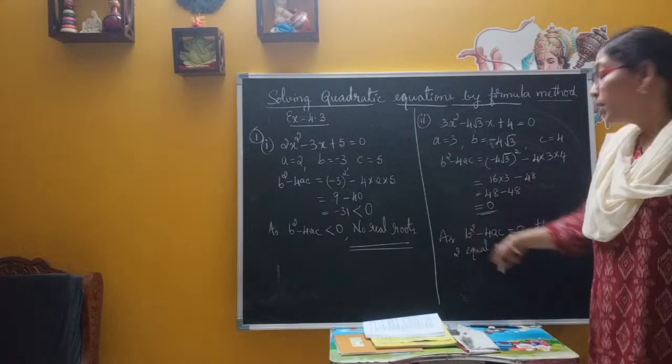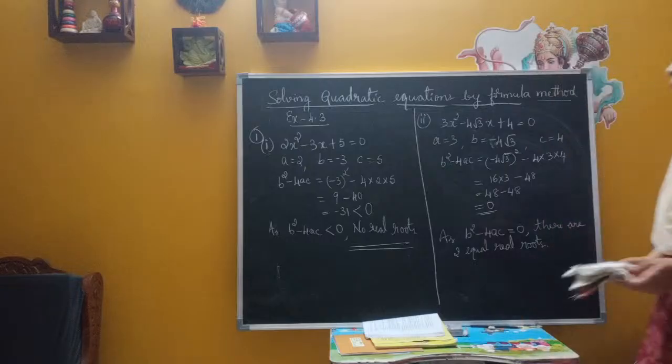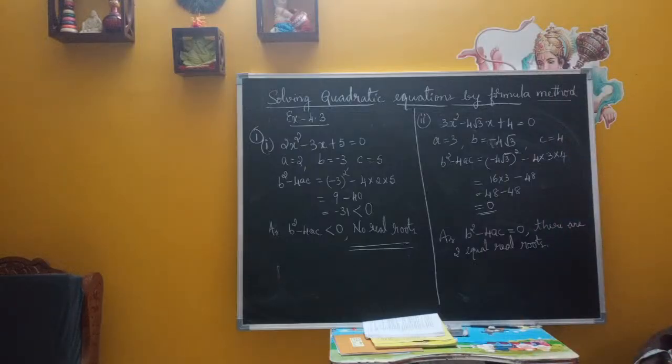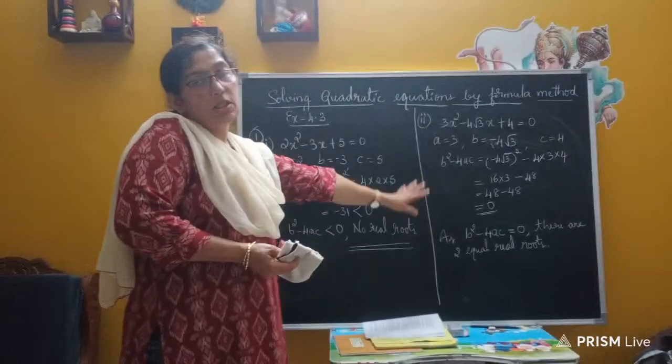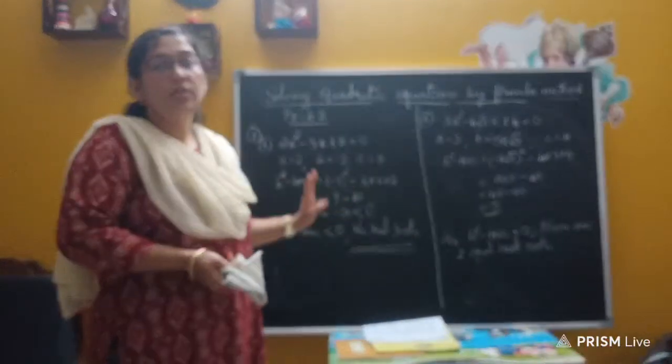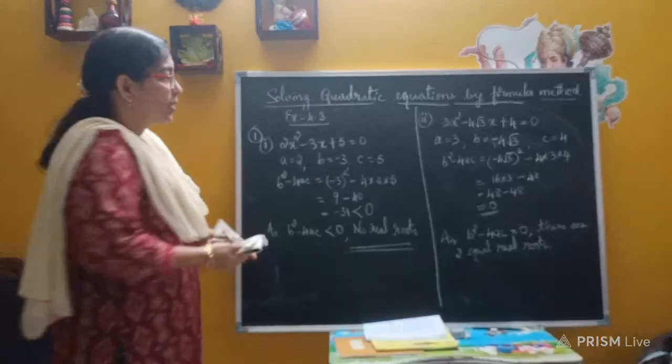Here there are real roots, so we need to continue with the problem. Here in this exercise, let us use formula method using the quadratic formula. In exam, in case the method is not mentioned, which method? Okay, you can use any of the method, either factorization method or formula method.